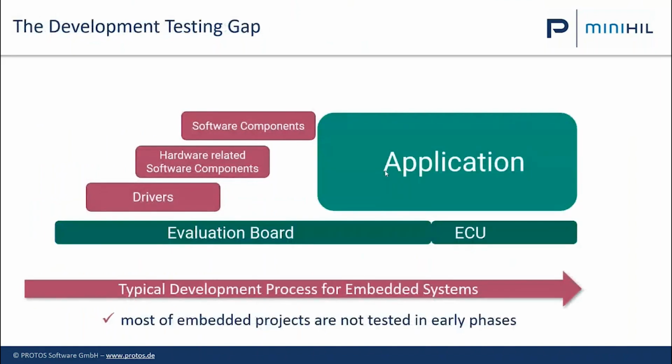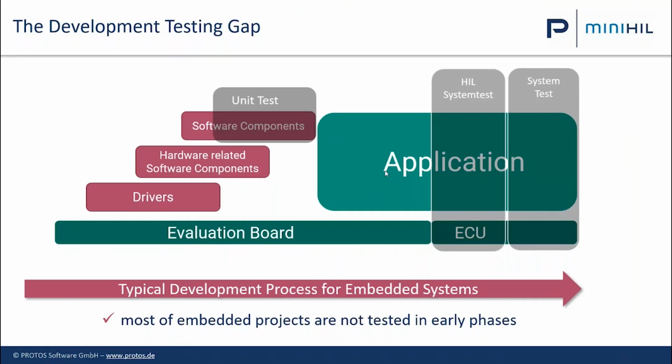Okay, so let's talk briefly about our hardware-in-the-loop approach, because it's not a classical hardware-in-the-loop approach. We are focusing not on the classic tests like the unit test for software components, mainly in an embedded environment, or the big hardware-in-the-loop test or the system tests at the end of development.